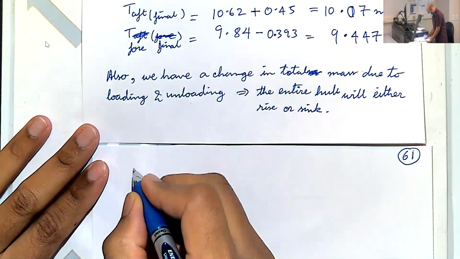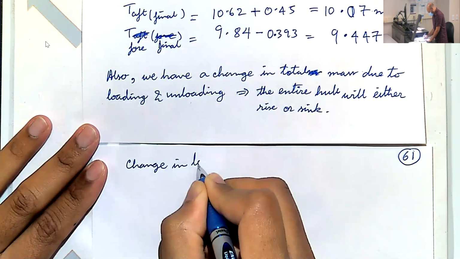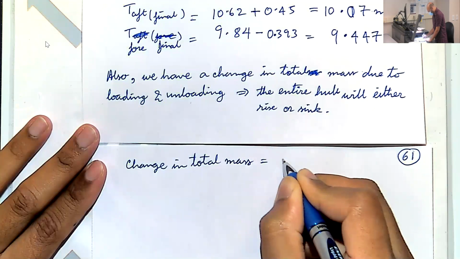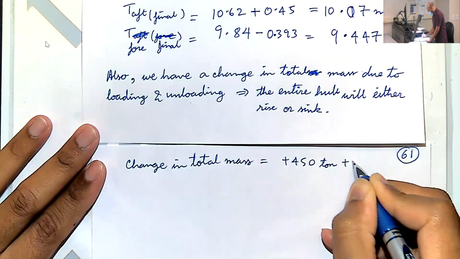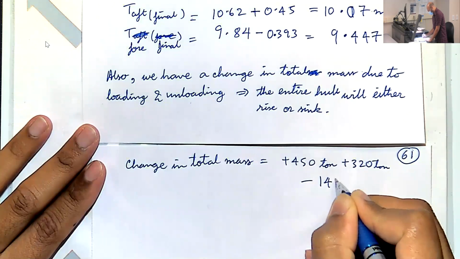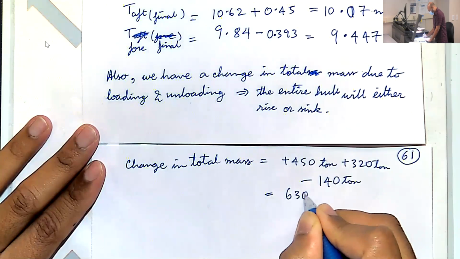So change in total mass is, we added a 450 ton, we added a 320 ton, and we subtracted a 140 ton. So in total, we have added 630 ton.